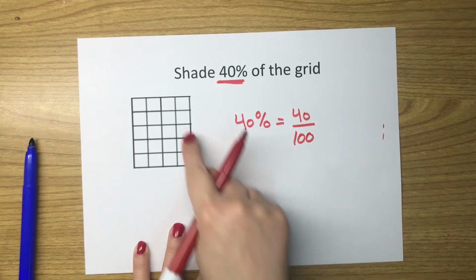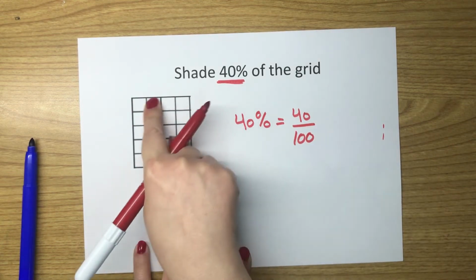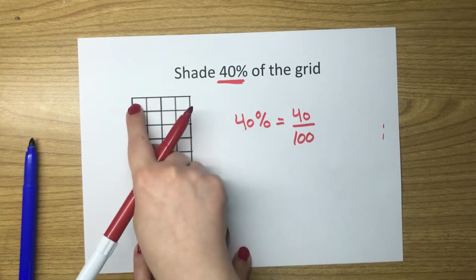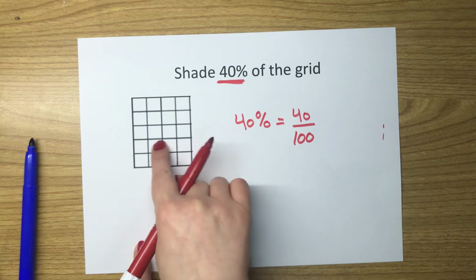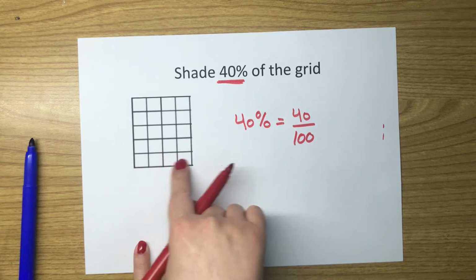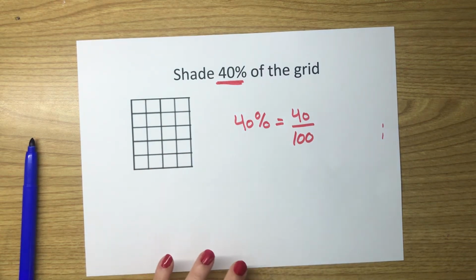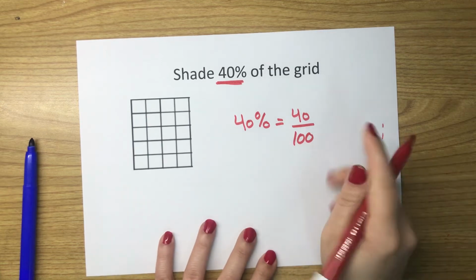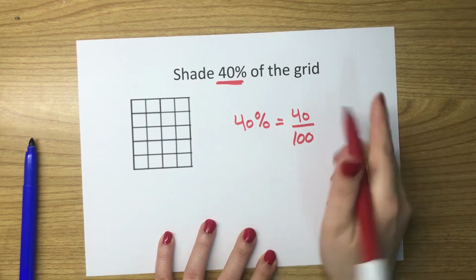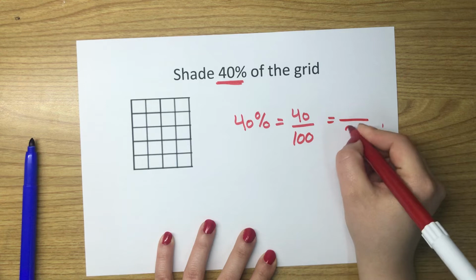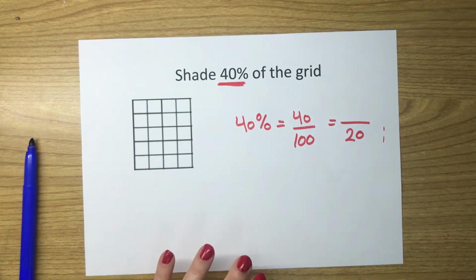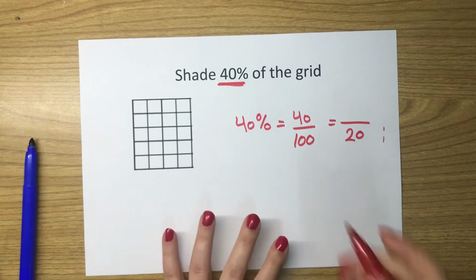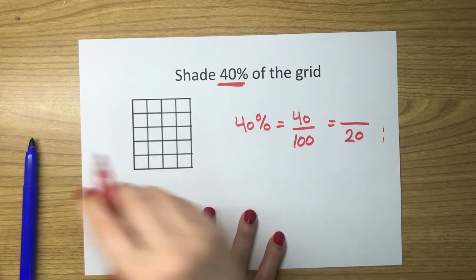In this case, count the number of tiles. 1, 2, 3, 4, 5, 6, 7, 8, 9, 10, 11, 12, 13, 14, 15, 16, 17, 18, 19, and 20. So I have to figure out how to change the 100 into a denominator of 20 to find the fraction that I'm going to shade in this grid.